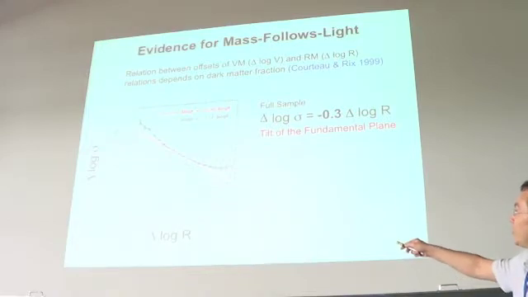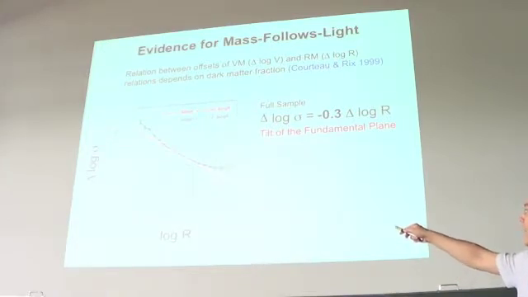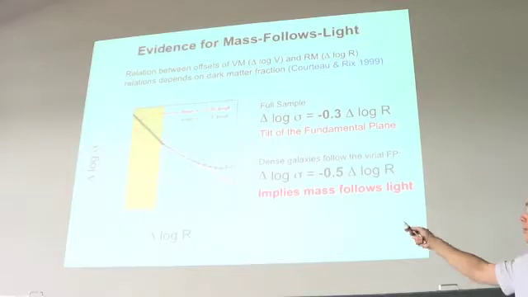But then if you look here, I noticed when I made this plot, these galaxies had a slope that was -0.5. And these are the galaxies that are offset from the size-mass relation. And so I have not been able to make a model that matches this without mass follows light. So I think this is quite good evidence that if there is dark matter in these galaxies, it's very small.